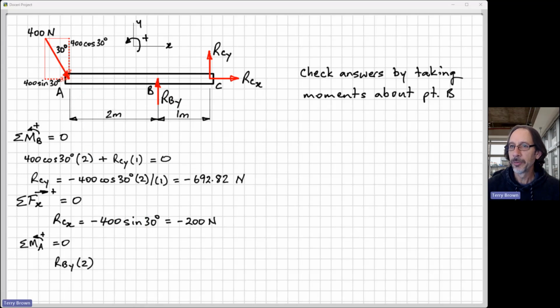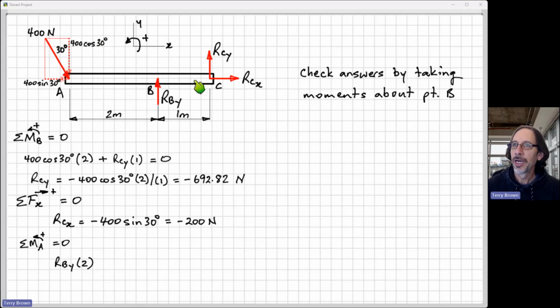Here we'll start with the moment caused by RBY. This time the 400 cos 30 doesn't appear in our moment equation because it passes through point A, which is the point we're taking moments about. So RBY times a perpendicular distance of 2, pushing upwards to the right of A, is going to cause an anti-clockwise moment about point A. So that's positive.